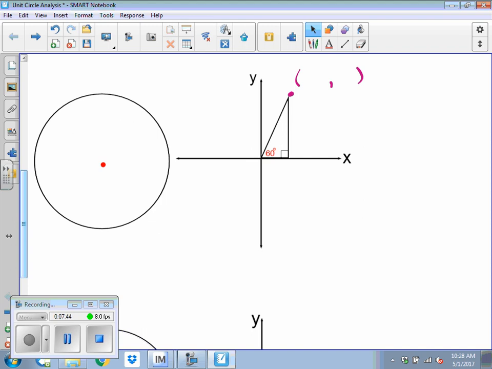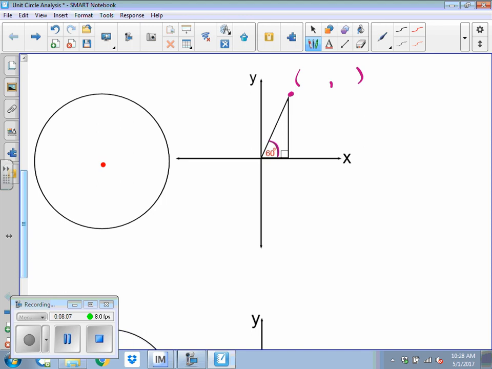So the first thing we're going to do is write in our ratio, and then we're going to adjust it to fit the unit circle. Okay? So that's a 30, 60, 90, correct? The ratios for a 30, 60, 90 are 1, 2, square root of 3, correct? So now we're looking at a 60-degree angle.